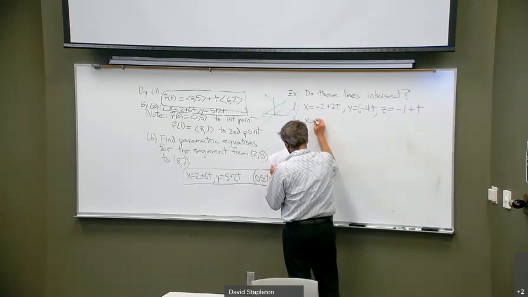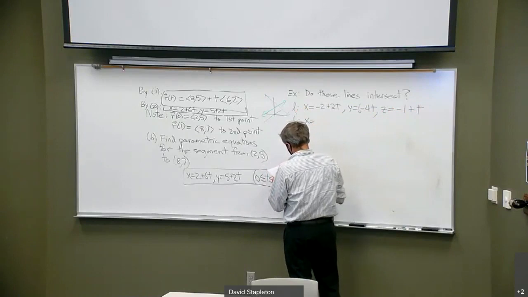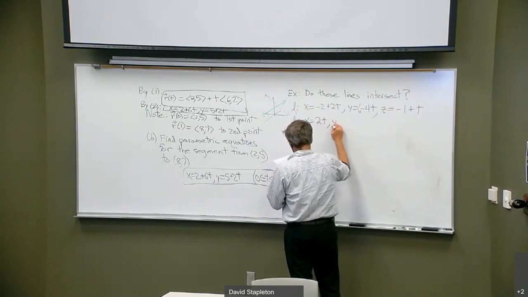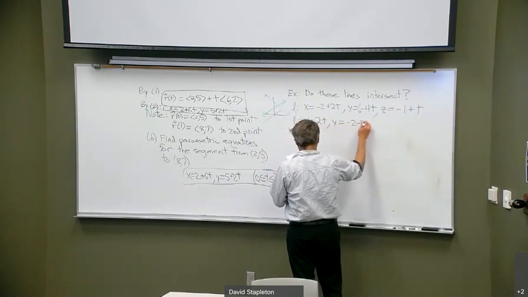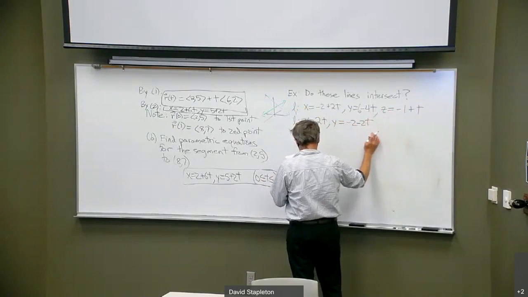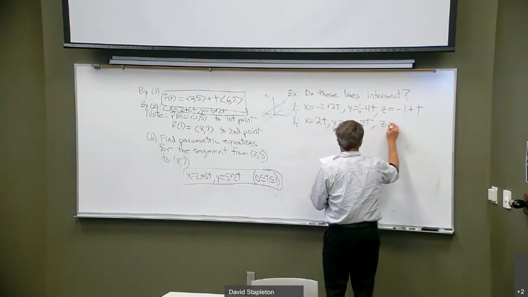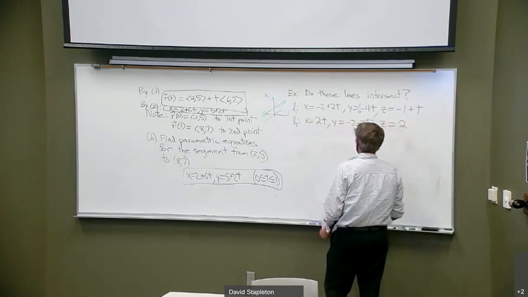X equals 2t, y equals minus 2 minus 2t, and z equals 2. Do these lines intersect?